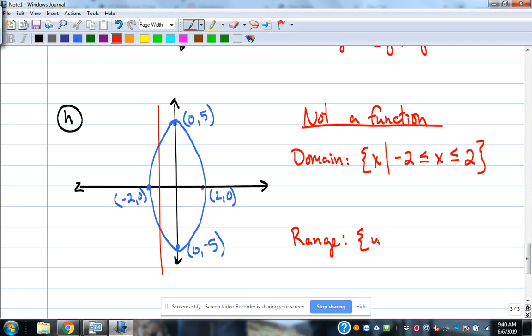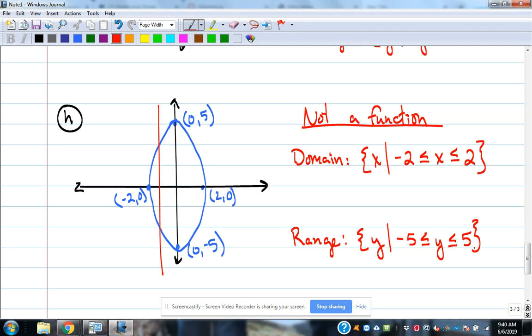So my range is going to be y such that it starts at -5 and goes to where? +5 is the highest one there. It doesn't have the arrows extending it up forever, so we know it's going to stop at 5, and our y values are between those. So again, we're going to do the less than or equal to marks in there to get the between. And there we have the domain and the range of that particular relation.